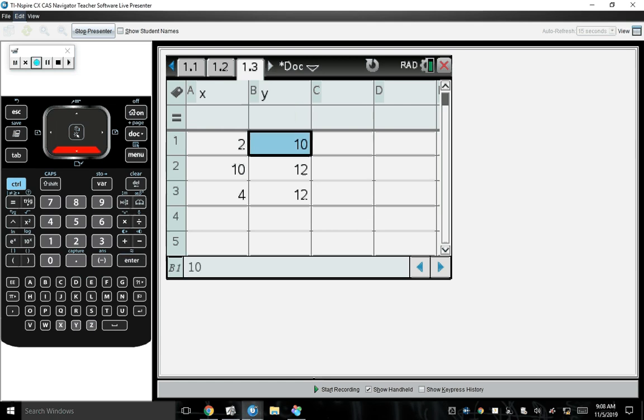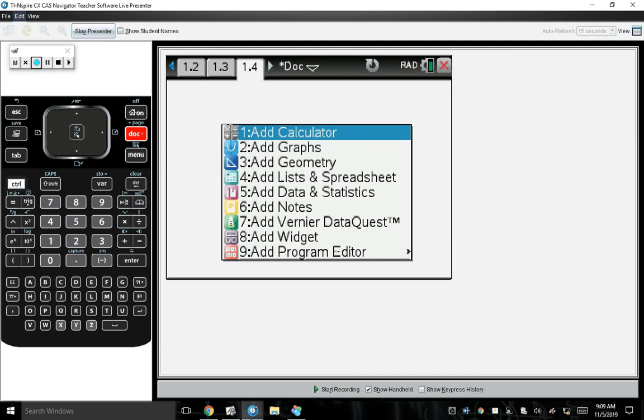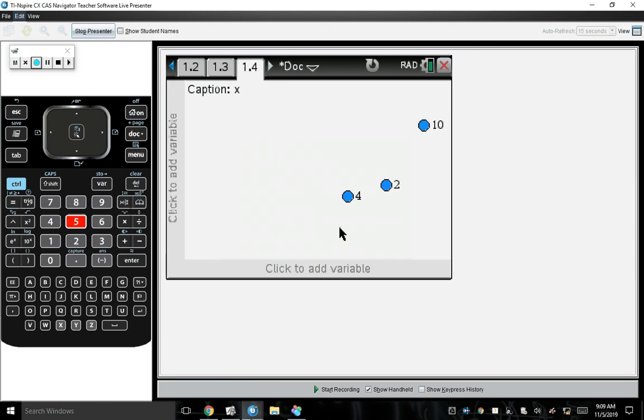Does anyone remember what we do from here? Like to get the actual graph? Do y'all remember? So, yeah, Control Dock, and it's going to add a data and statistics. So we're going to do 5. Nice on the memory. Now we're going to change this variable to what? X, nice.